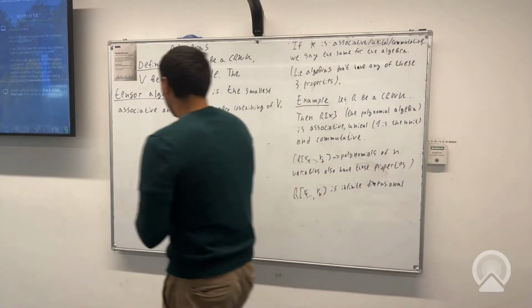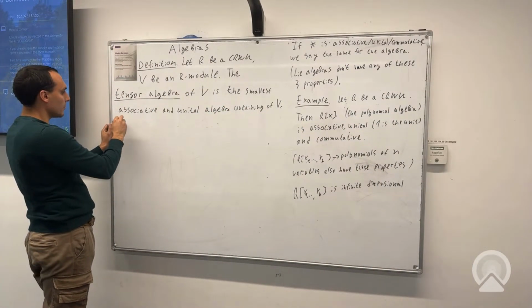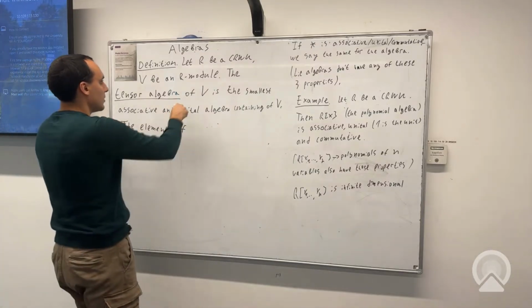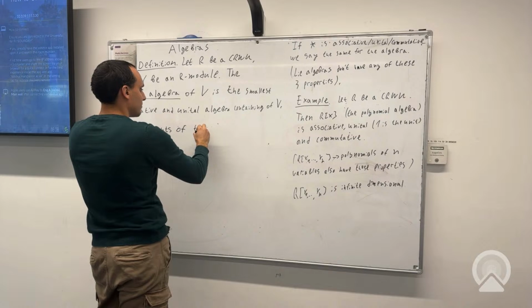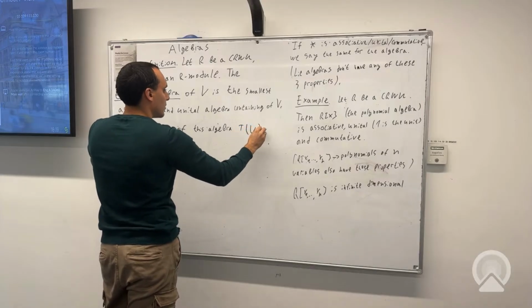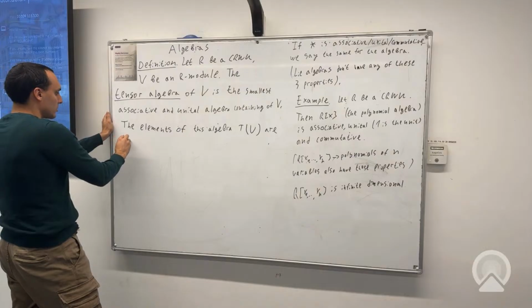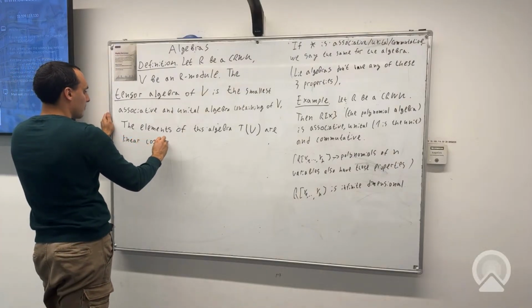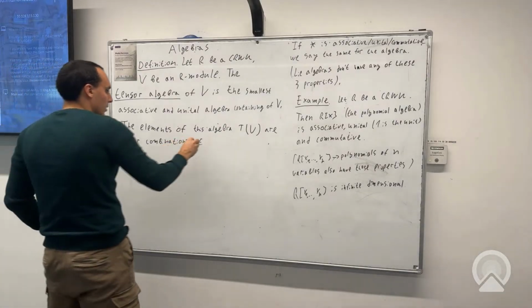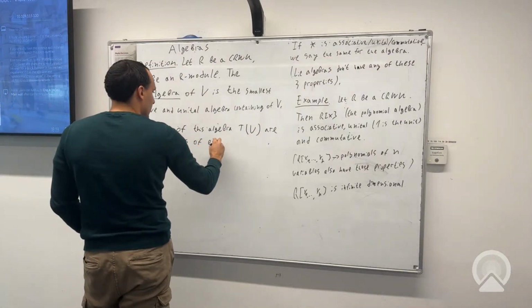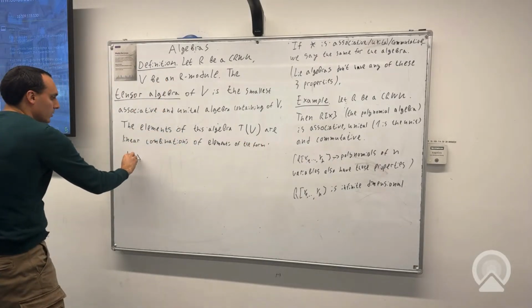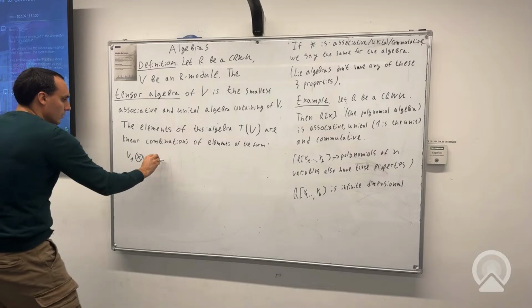Okay, so the elements of the tensor algebra, T of V, are linear combinations of elements of the form V1 times V2 up to Vn.